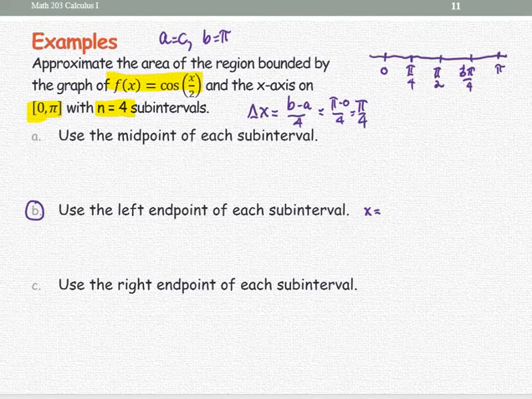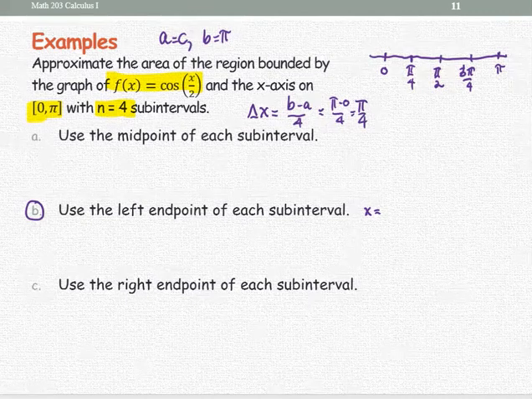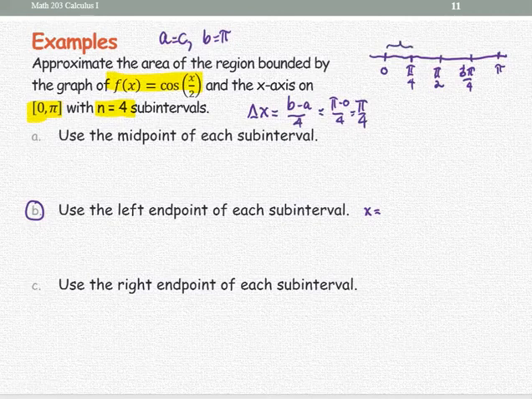What are the x values for the left endpoints? Think about the first subinterval. What is the left end? What is on your left?